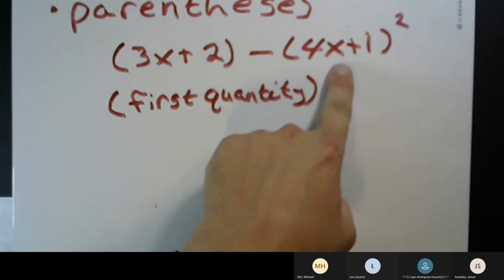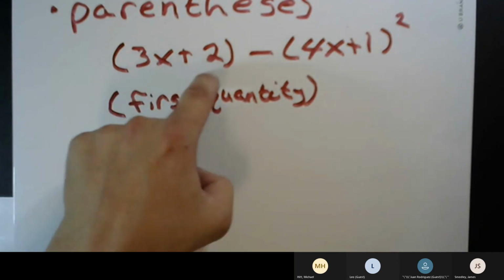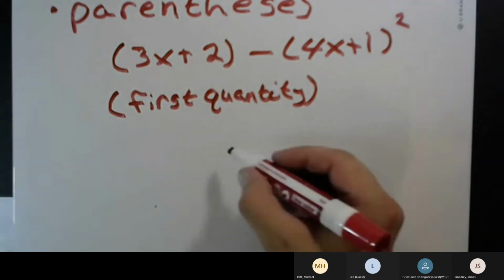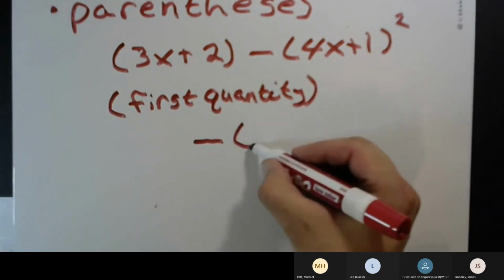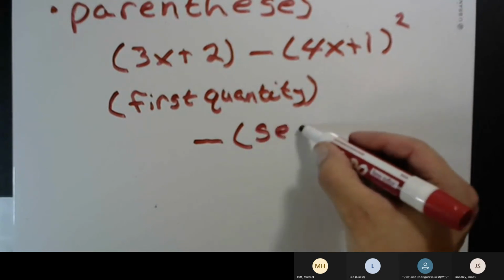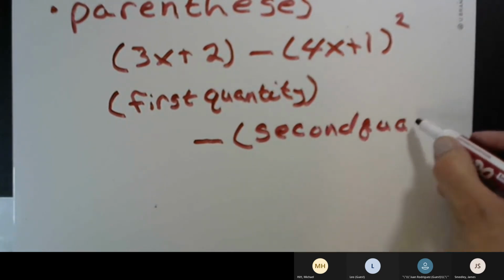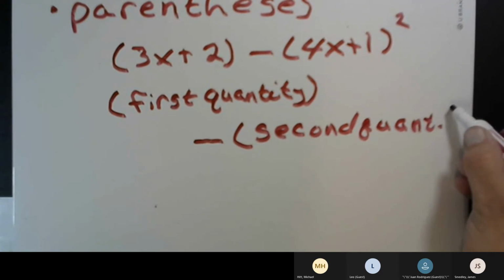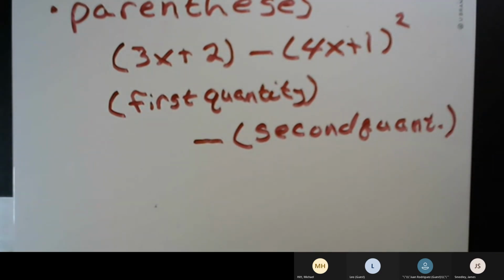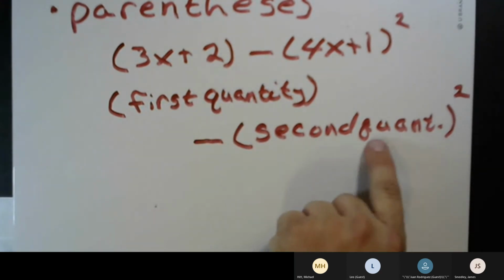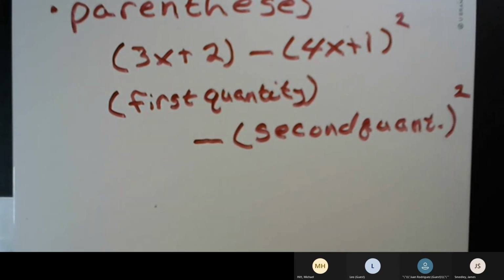Until x is identified, the internal part of these parentheses is mysterious. So all we can say is we have a first quantity minus a second quantity. Here, I'm going to do something like this. So first quantity minus that second quantity there, just running out of space.